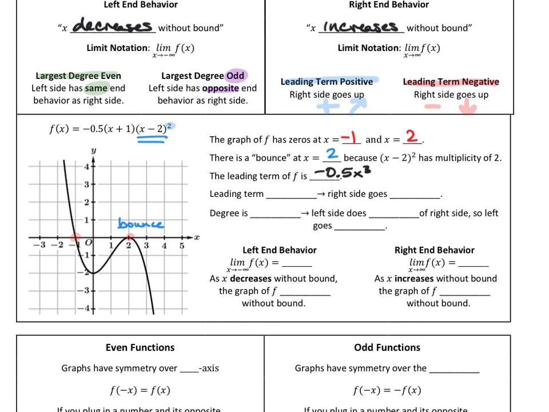That means that the leading term is negative, which implies that the right side goes what? Up or down? Down. Negative means goes down because the leading coefficient controls the right side. And that makes sense because we have a picture of this graph. It does go down on the right side. Since the degree is odd, the degree is 3. That's an odd number.